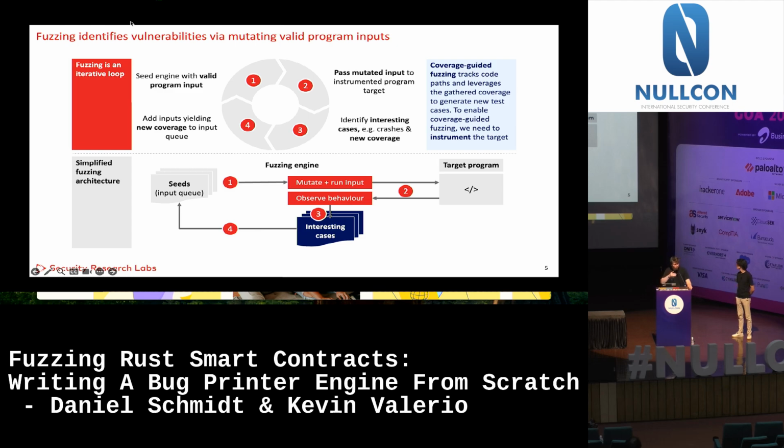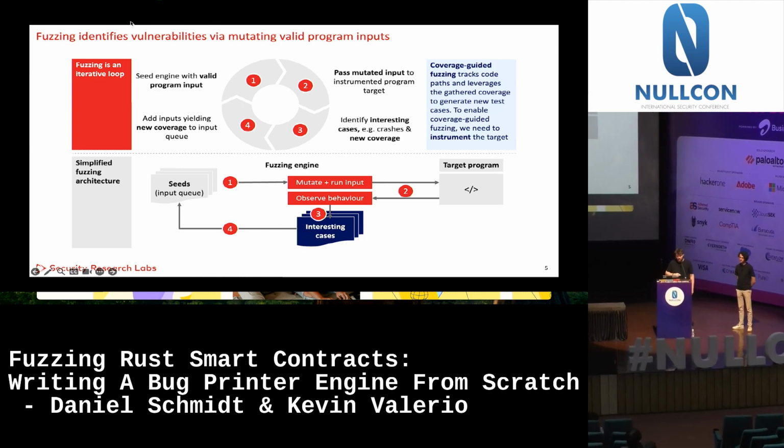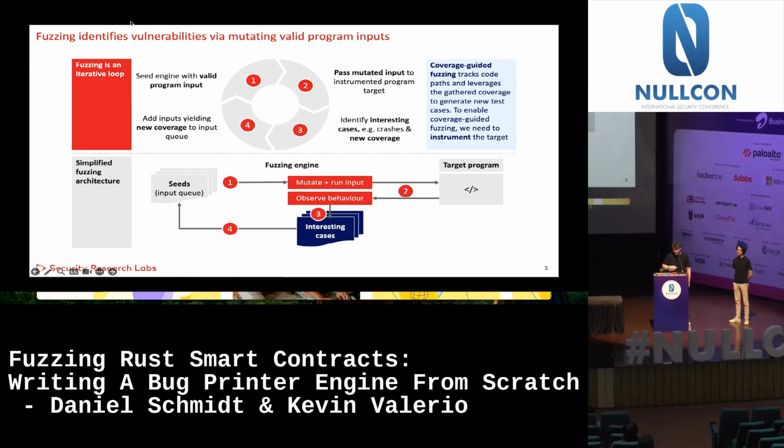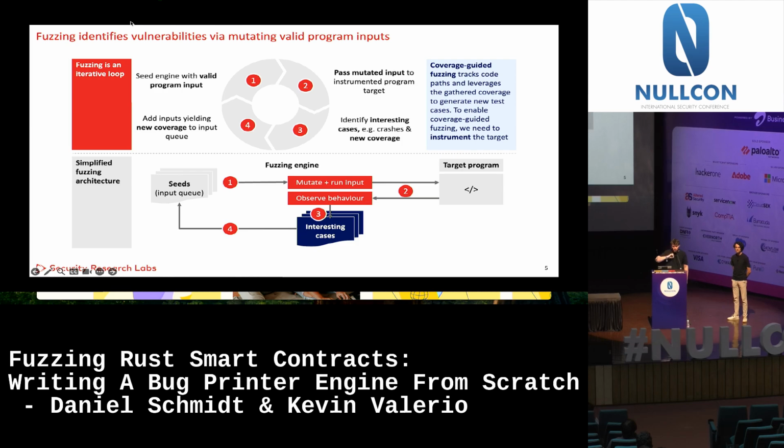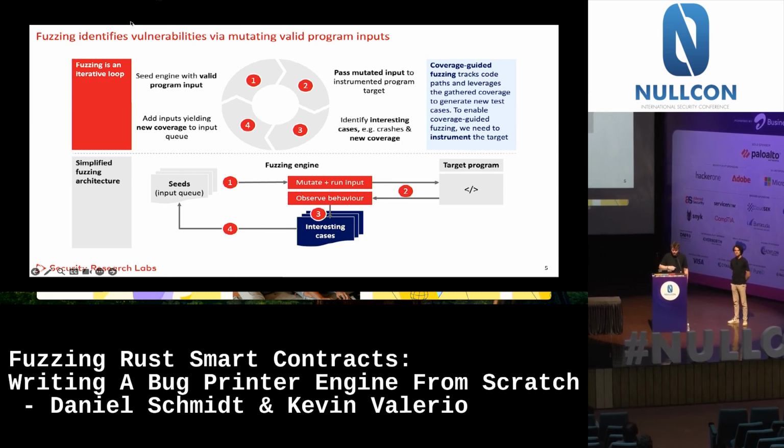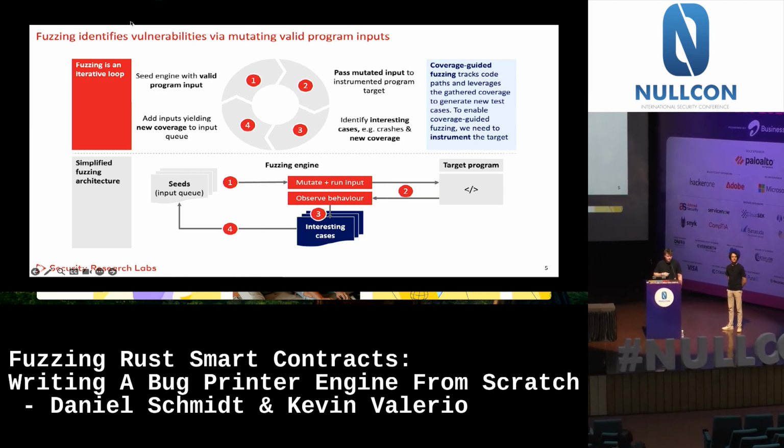But oftentimes we don't want totally random input. We want less random input, and usually in the industry, coverage-guided fuzzing is used for this. How coverage-guided fuzzing works is that you have an input into the target, and while the target is executed, you track the code path it takes inside of the target itself to give this information back to the fuzzer and make evaluated decisions based on this.